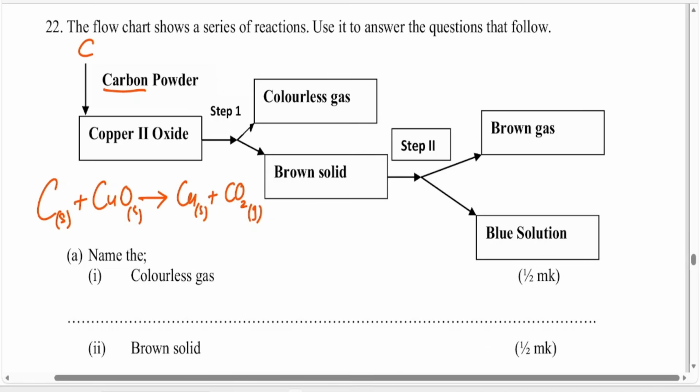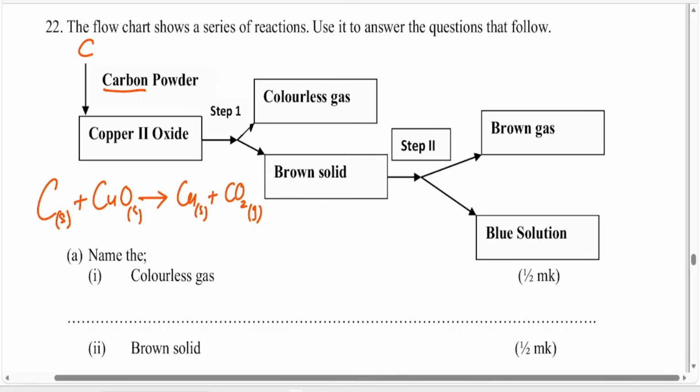When it reacts with concentrated nitric 5 acid, we do not form metal and nitrate gas as usual. Whenever copper reacts with concentrated nitric 5 acid, there is always formation of the solution of copper 2 nitrate, accompanied by water molecules, and the gas, which is brown in color, is always produced. And that gas is always nitrogen 4 oxide.